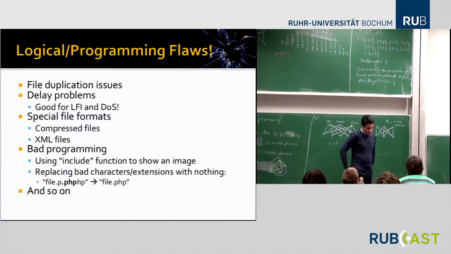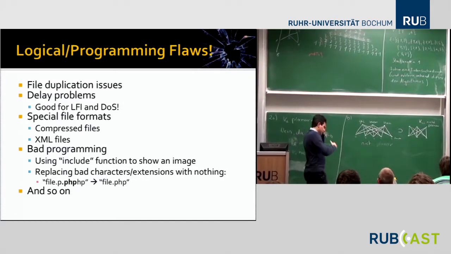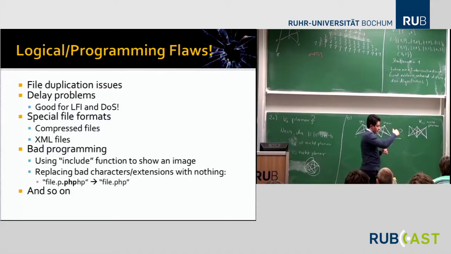And delay problems, for example, if you are uploading them as a temporary file on the server, what will happen if you send a lot of chunks of files in one multi-part request, for example 500 files at the same time, of which only one is valid, but it will create files for all of them, and then it makes it slower, so you have time to do LFI.